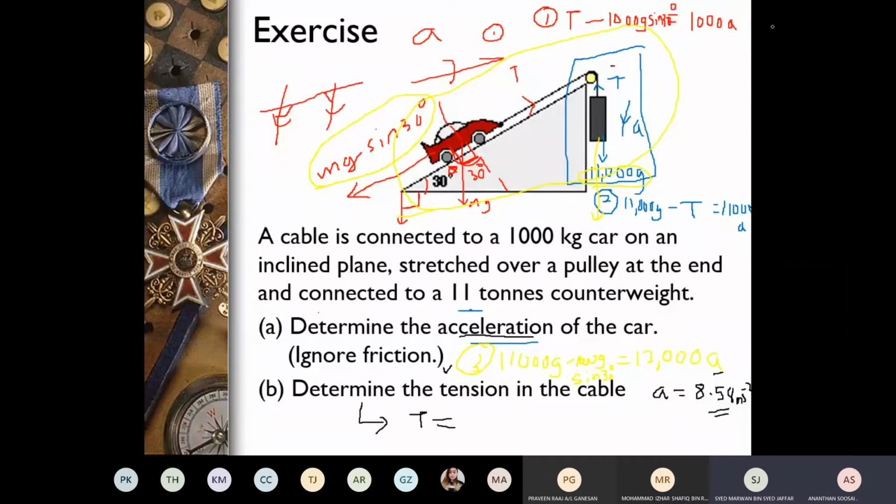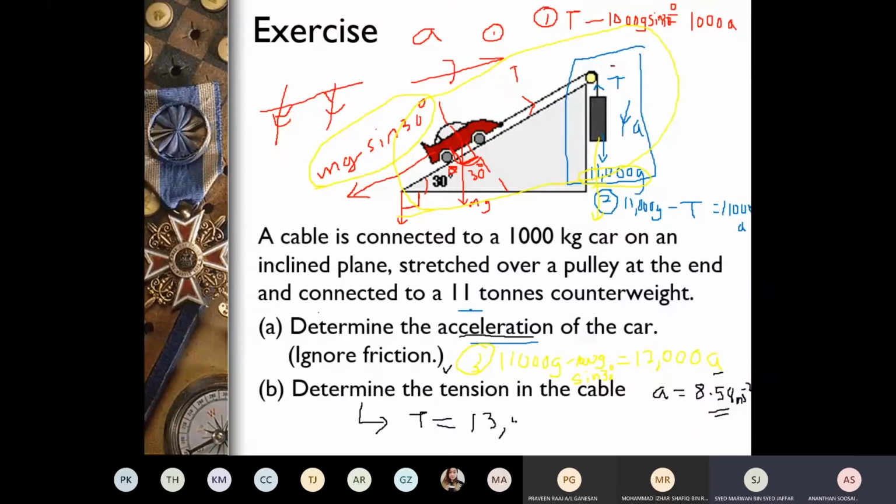Okay, the others, please help me speed up the process. Anyone? 13,485.